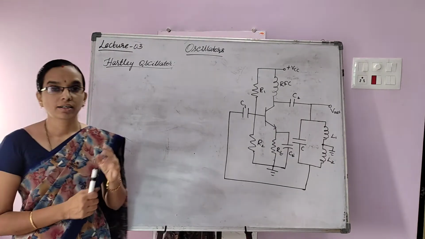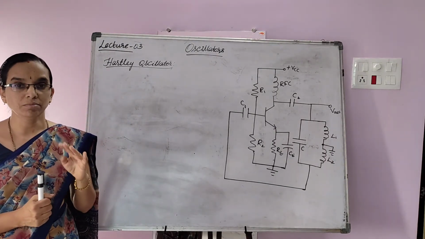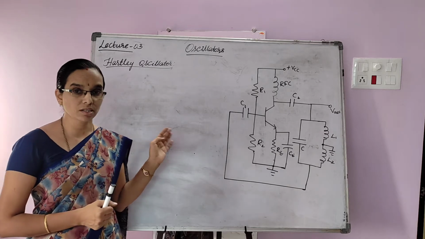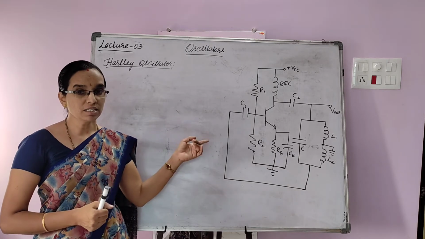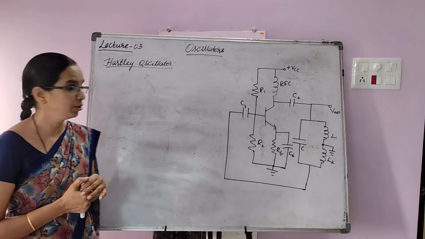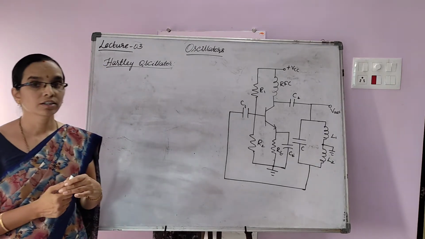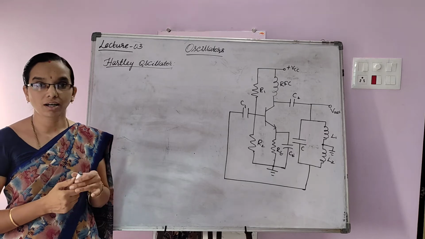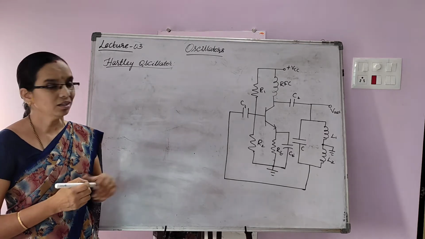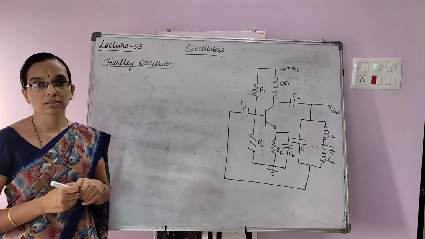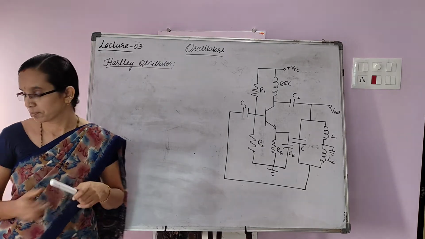If the question is for 5 marks, you have to write the proper circuit, explain the circuit components, write the working of the Hartley oscillator and draw the output waveform. Then only you will get 5 marks.